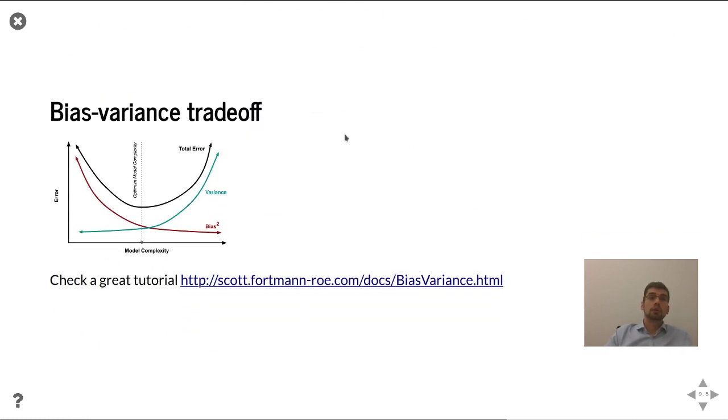And there is a schematic way to show how these two terms, bias and variance, and the total error, which is bias plus variance plus noise variance, depend on the model complexity. For a simple model, we have huge bias. Say, imagine that we have a constant fit or almost constant fit.